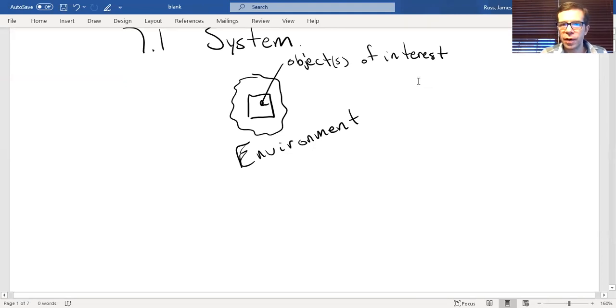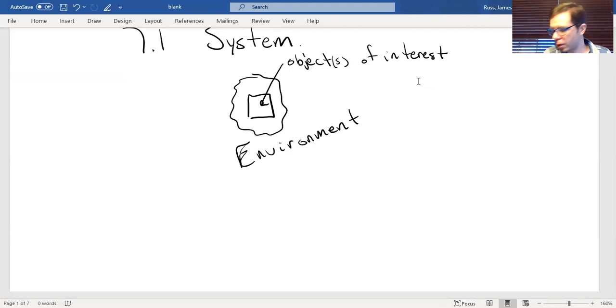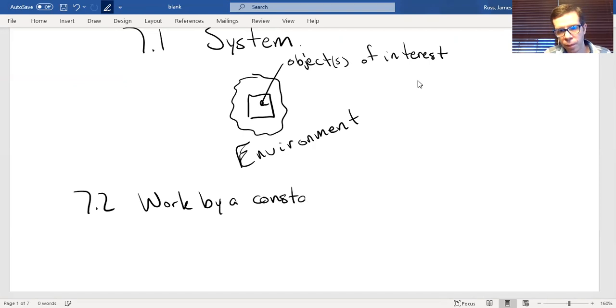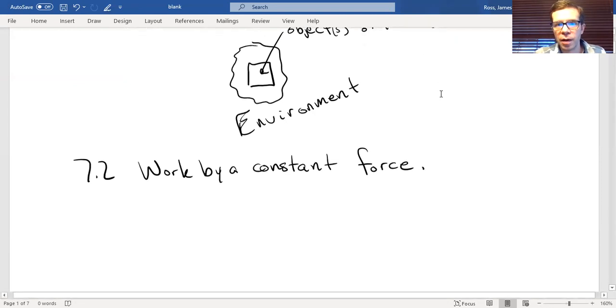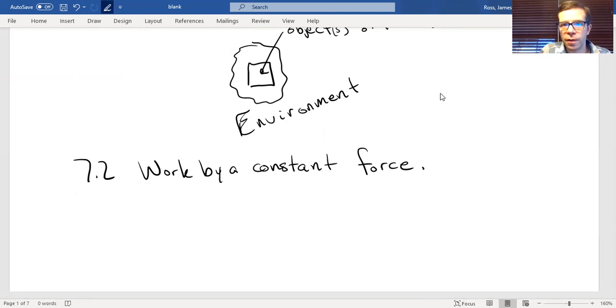And it's important to understand because we're going to be talking about work, which is section 7.2, at least, work by a constant force. So the distinction here that we want to make is work done on the system, work done by the system, and you have to identify how energy is transferred across the system boundary.